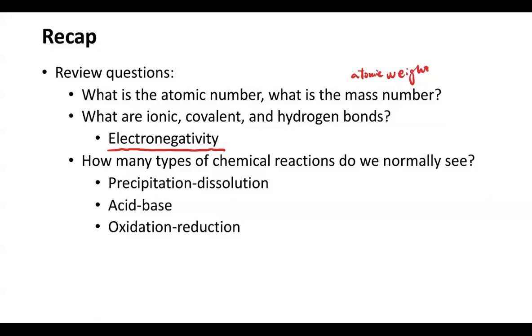So we also generally introduced the typical types of chemical reactions. For environmental engineering, we're mainly going to learn about these reactions, right? So they are the precipitation dissolution reaction, the acid-base reaction, and the oxidation reduction reaction. For the precipitation dissolution reaction, we mentioned that a major application is the softening of the water, right?